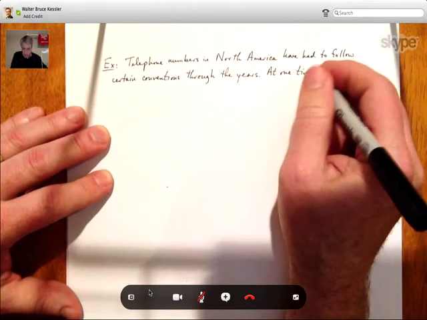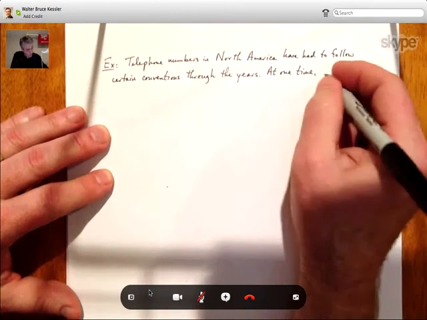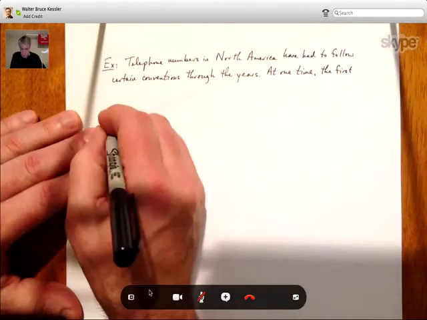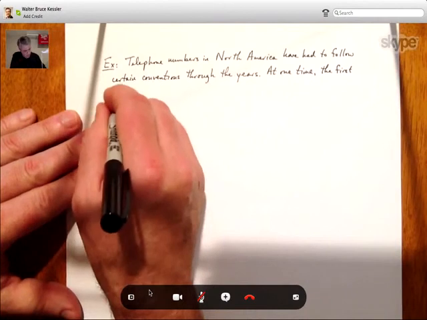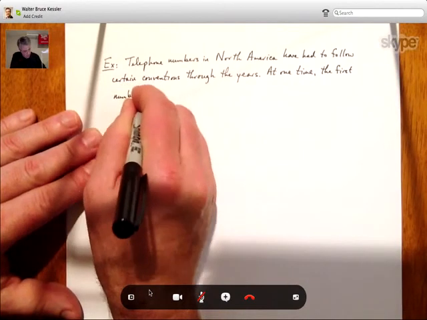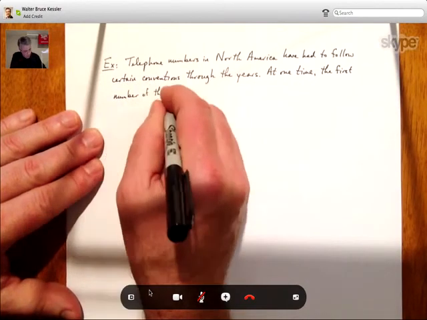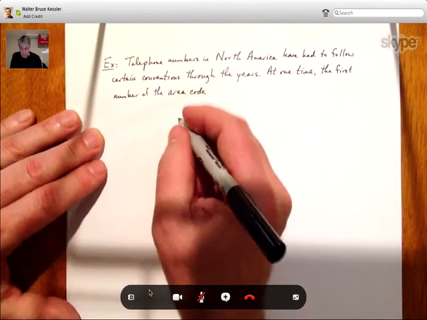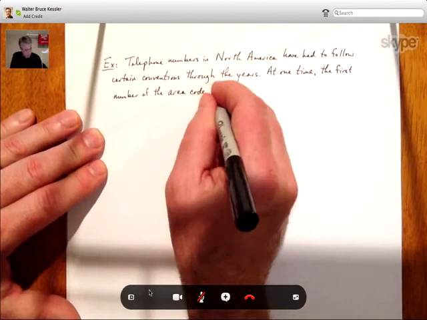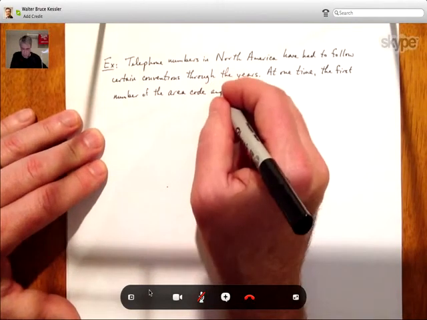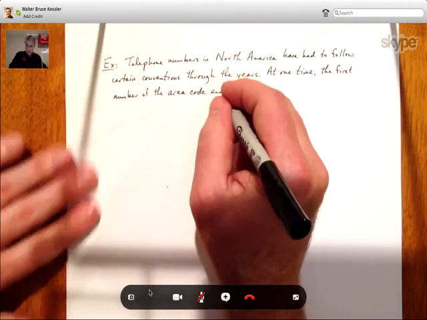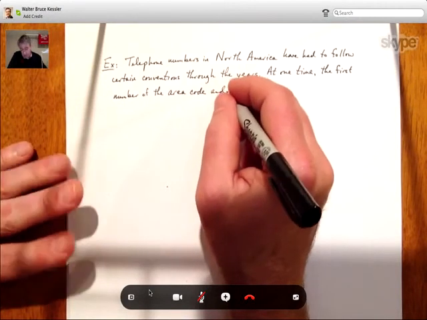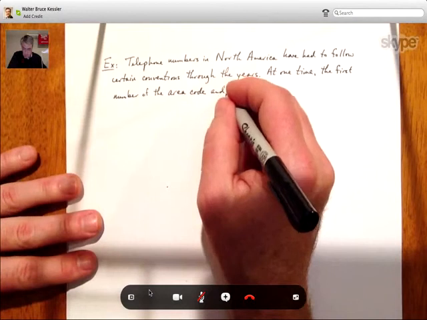At one time, the first number of the area code and the first two numbers of the 7-digit number couldn't be zeros or ones.